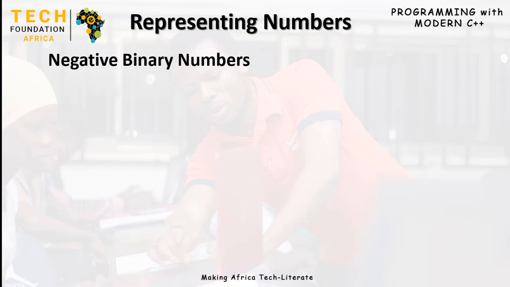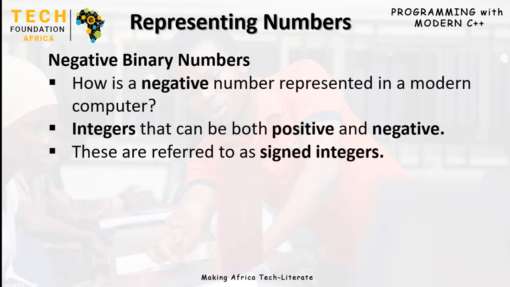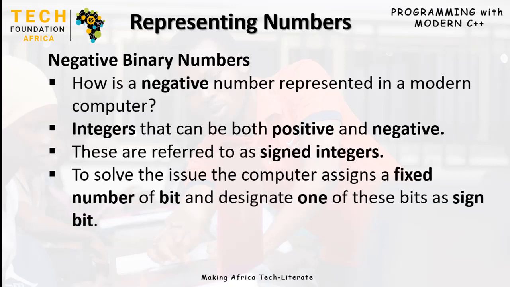At the end of the day, any language your computer speaks shall consist solely of bits and bytes. To solve the issue of representing negative binary numbers, the computer assigns a fixed number of bits and designates one of these bits as a sign bit. In practice, the sign bit is always chosen to be the leftmost bit.